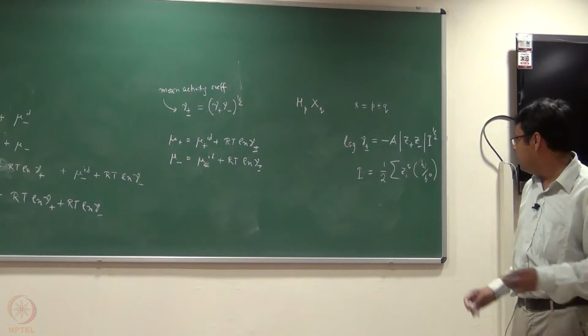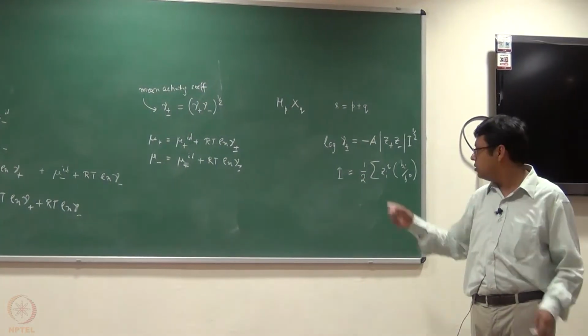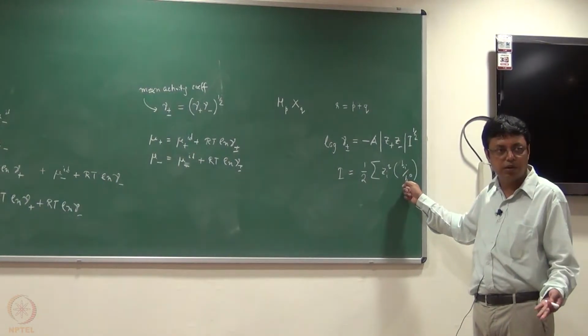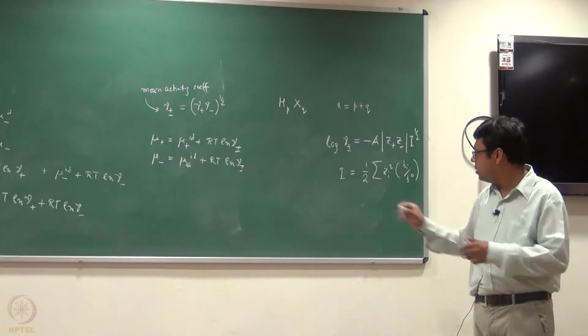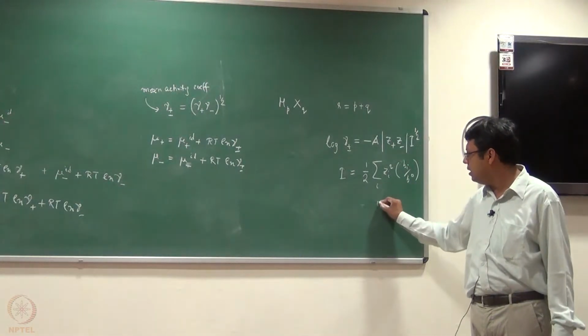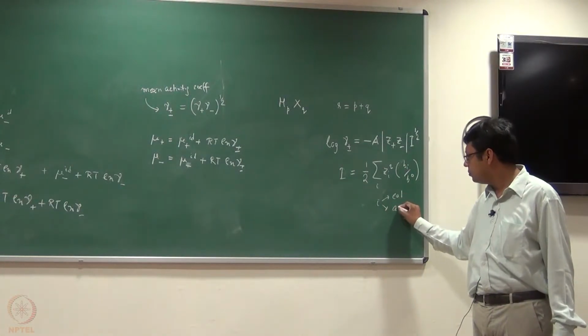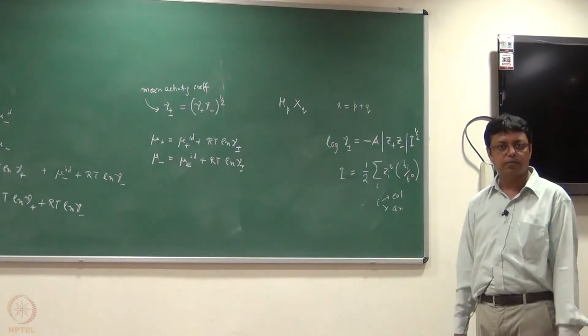But ionic strength is a unitless thing, right? So that's why I'm dividing it by the unit of molality, and I have to take the summation over Zi square, and I here is basically two species, one is cation, one is anion. Clear? Okay, so there will be two sums.